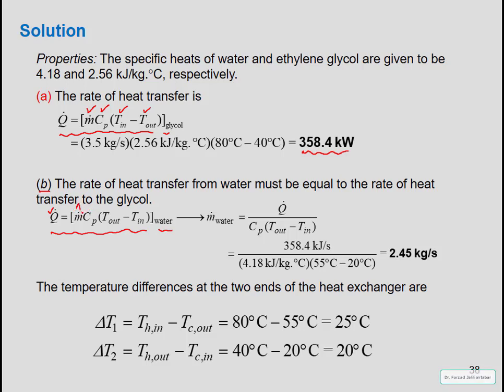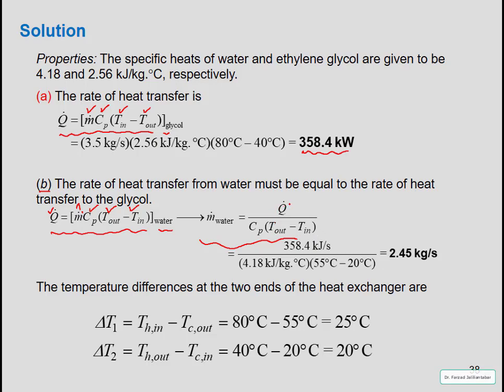M dot we don't know, Cp is given in the question instructions, T out and T in also are given parameters in this question. So the only unknown is m dot. So by rearrangement of this equation we can find this m dot for the water, or mass flow rate for the water, is equal to rate of heat transfer divided by these terms.